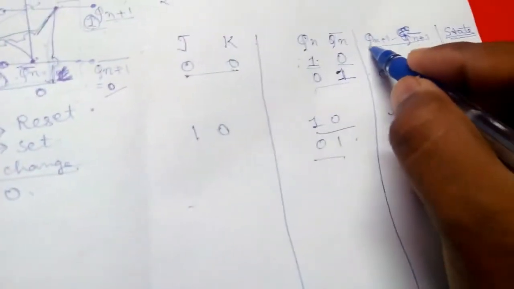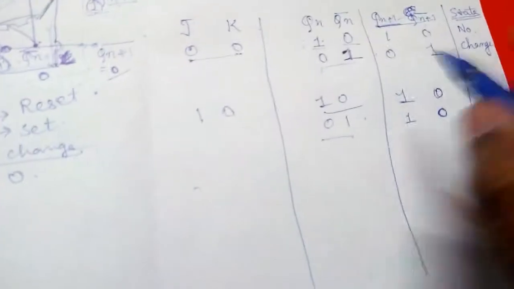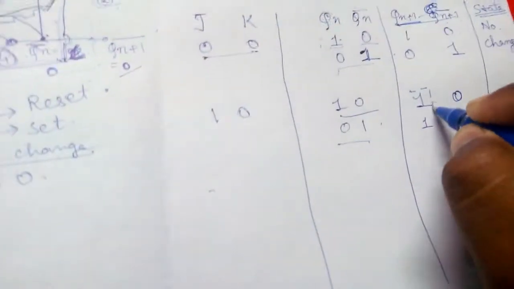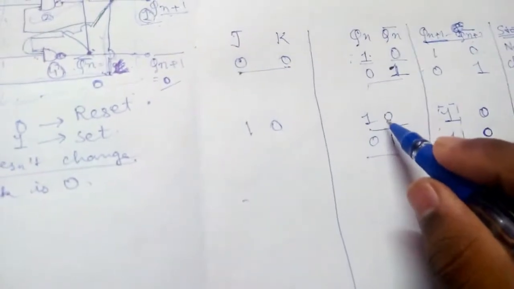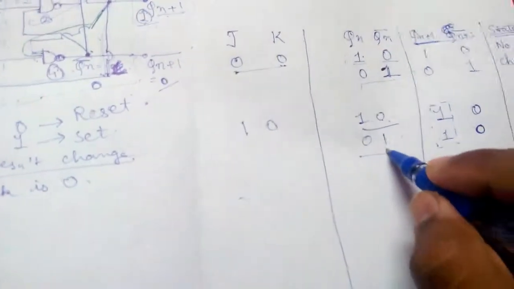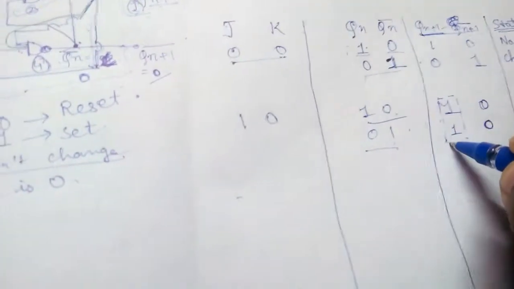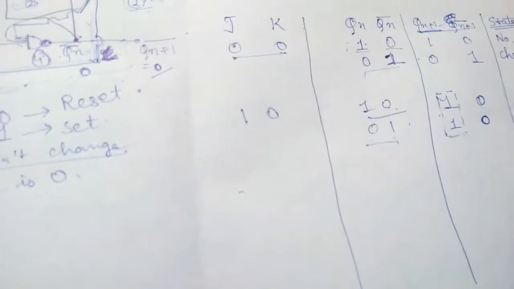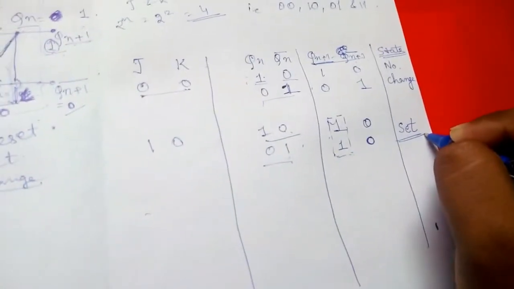Now as you can see, Qn plus 1 is 1 for both the conditions. Whether it is 1, 0 or 0, 1, it remains 1, 1 only. Therefore we can say that this state is set condition. Set condition.